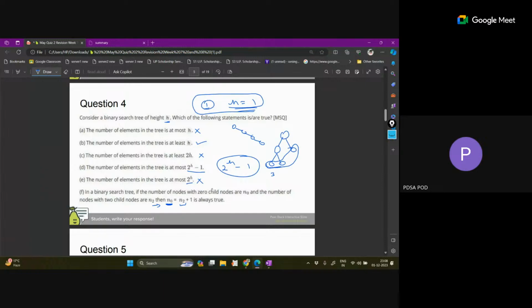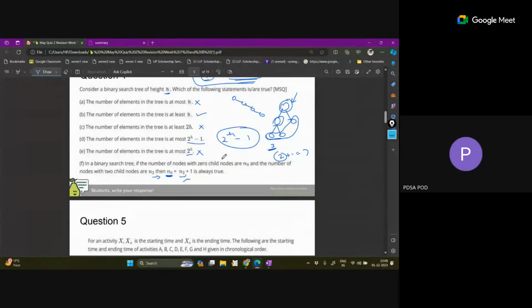This relation will always be correct. In the above tree, the number of nodes with two children is 2 and leaf nodes are 3. So 2 plus 1 equals 3, the same.